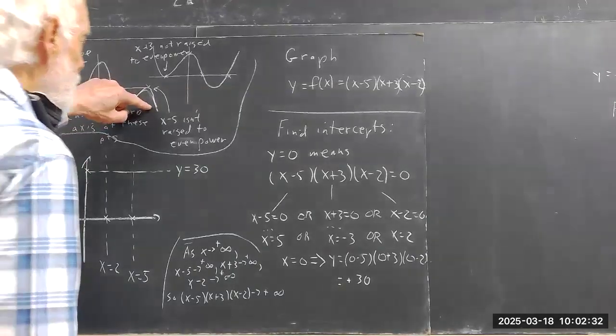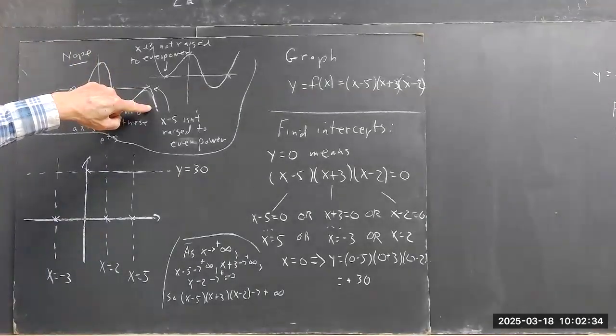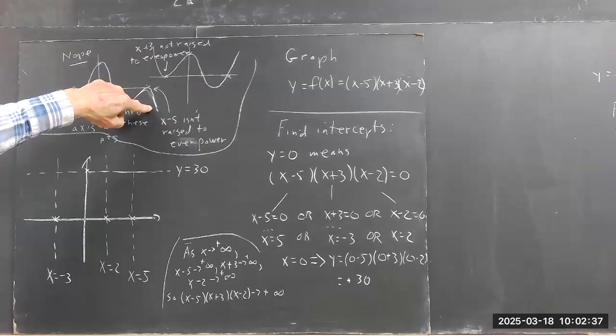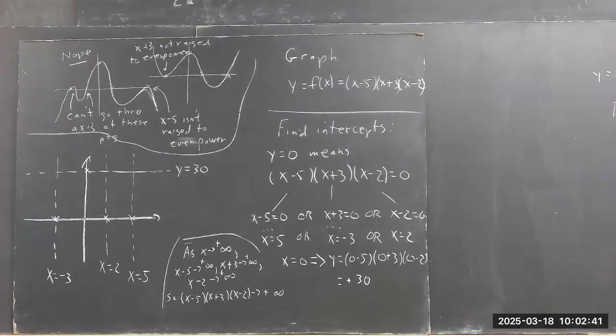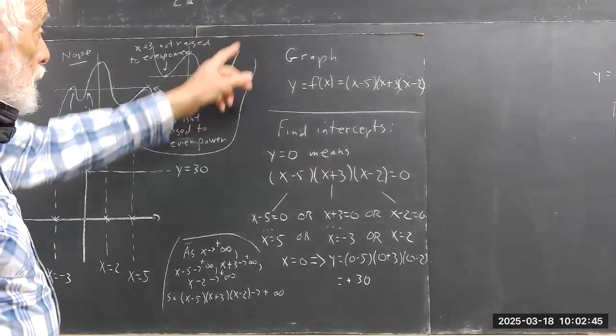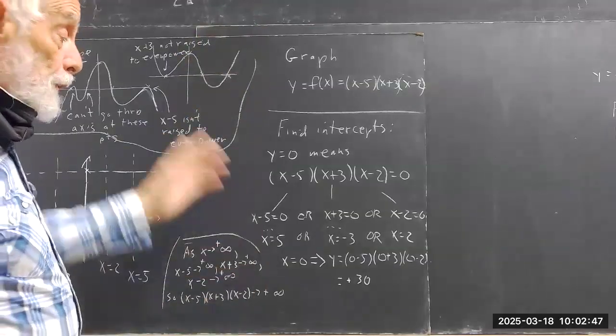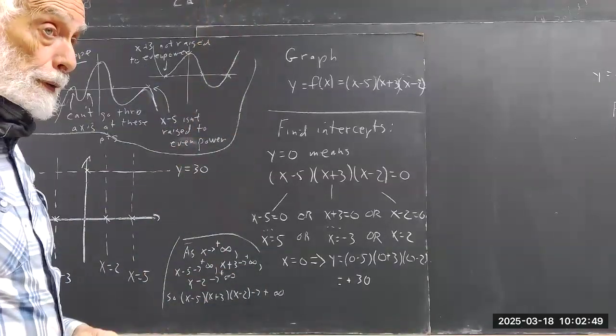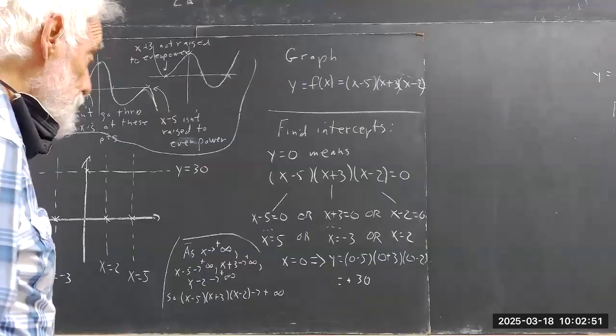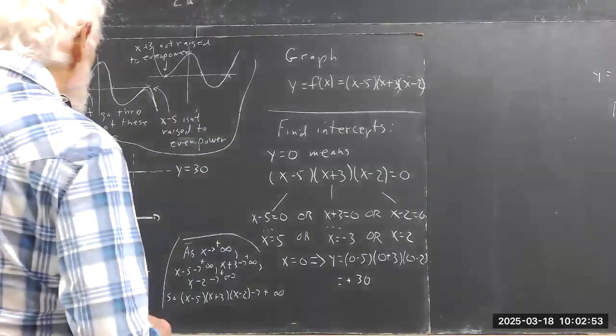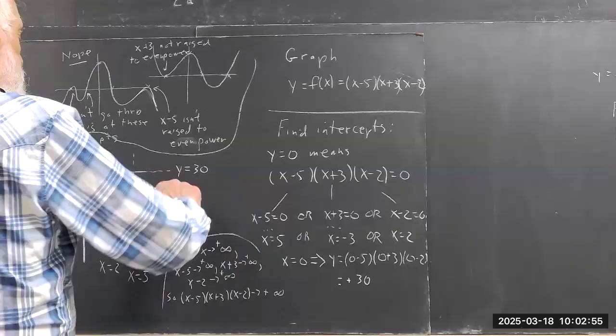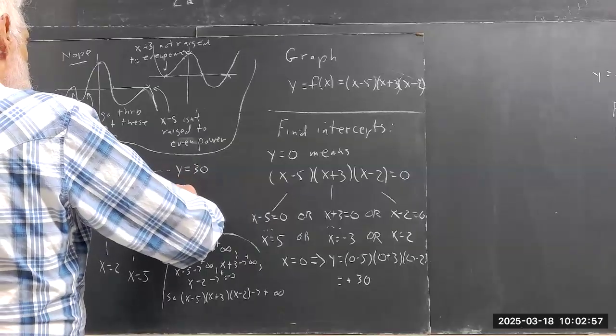So your end behavior here isn't right. So this graph couldn't. Okay. Now the end behavior over here would be okay. As x goes to infinity, this could go to infinity, right? So I note my end behavior.